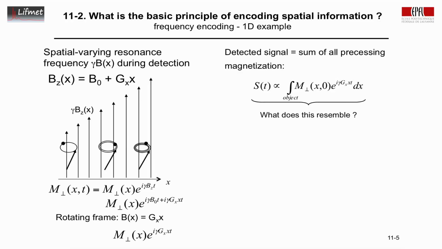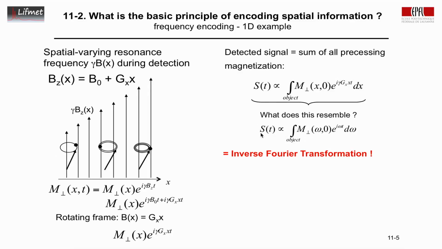So what does this equation resemble? Have you seen a similar equation already? Does it ring a bell? You have most likely come across this type of equation, and that's an inverse Fourier transform.